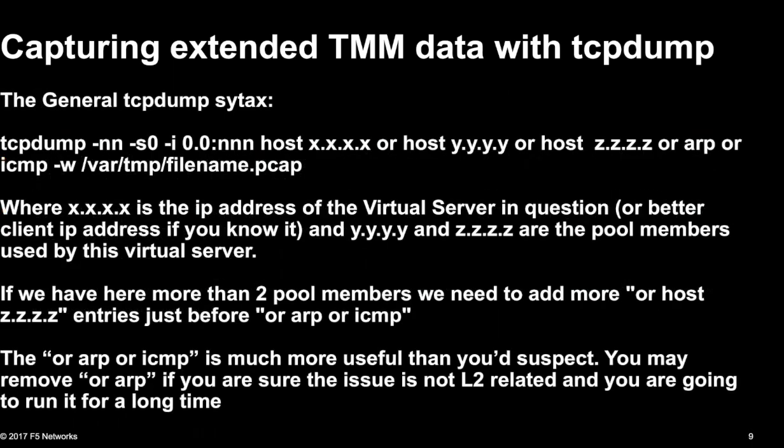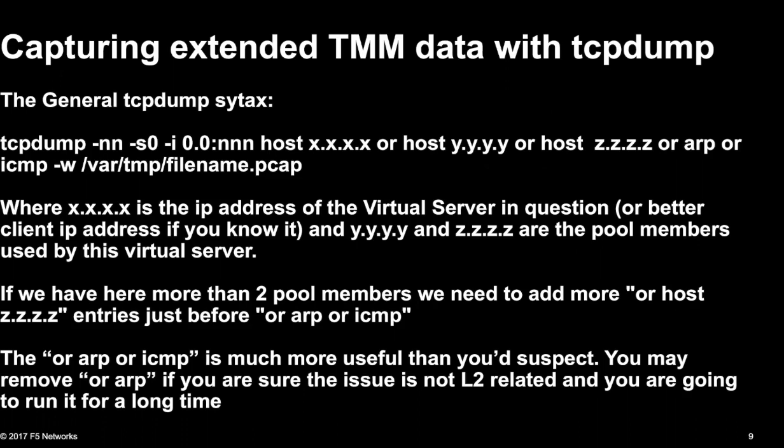So the general Tcpdump syntax we can see here is tcpdump -nn -s0, then the interface, and interface 0.0 will be to listen on all the TMM VLANs, for a specific host or host, and to include ARP or ICMP.